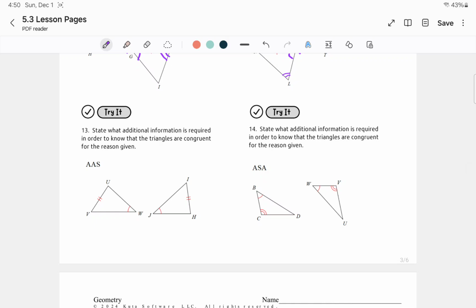So we have another angle, angle, side. So another two angles with the side not in between. And so this one actually could be either. So there's actually a choice here.